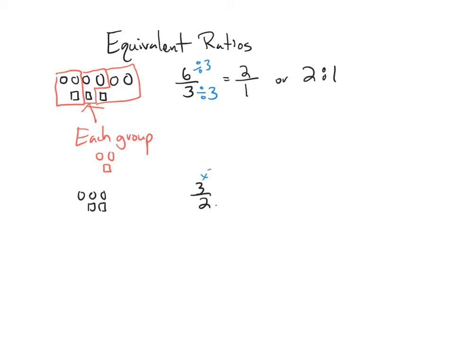I can multiply top and bottom by any number I like, as long as it's not 0, to get the ratio of 6 to 4. So that means I double my quantities here. Now I have 6 circles for every 4 squares. So that's the idea of equivalent ratios.